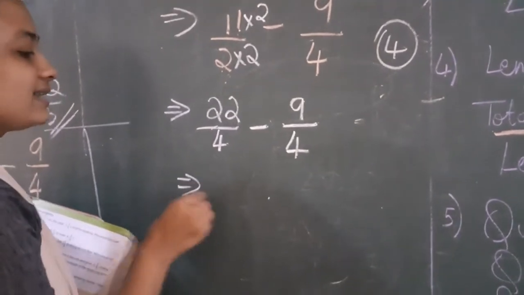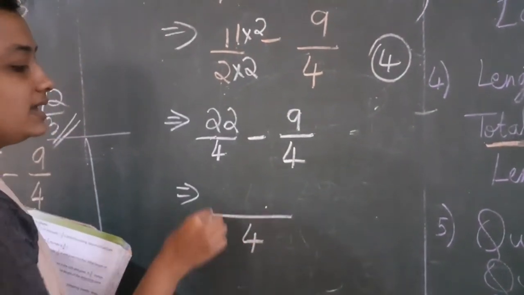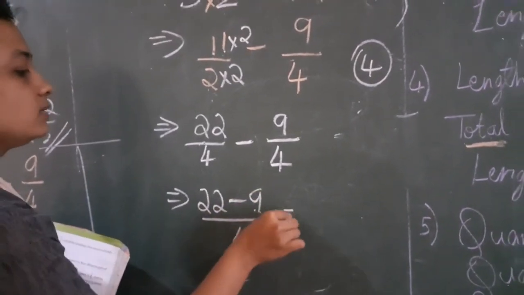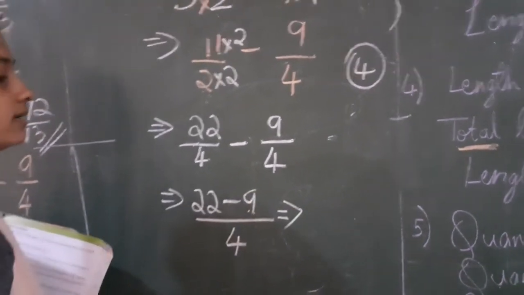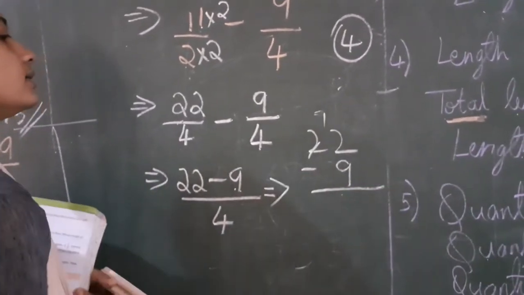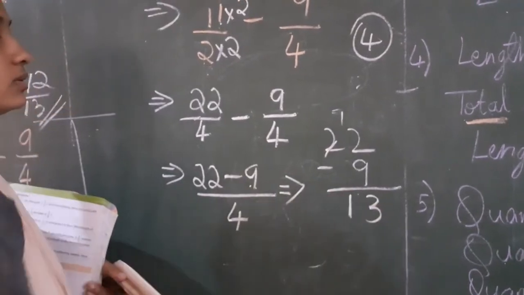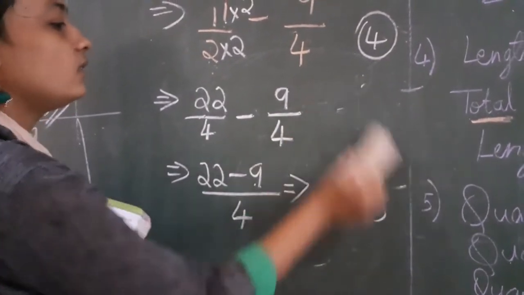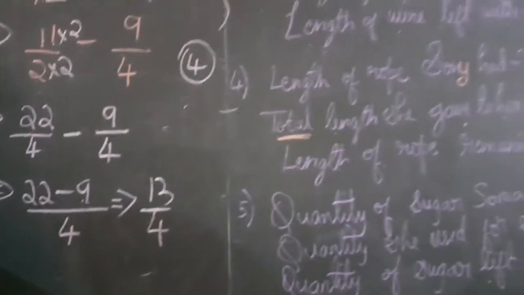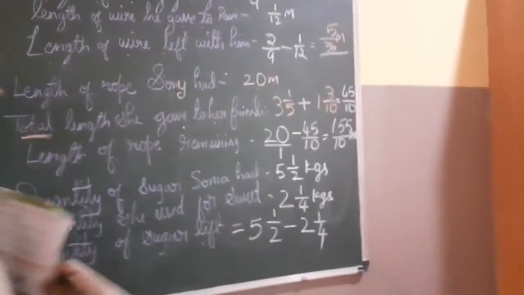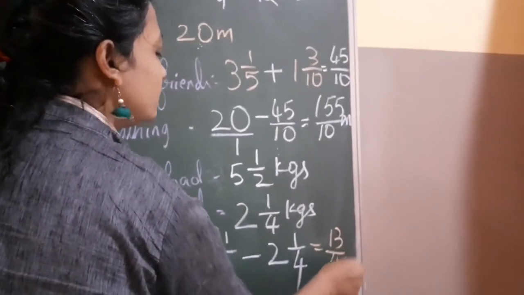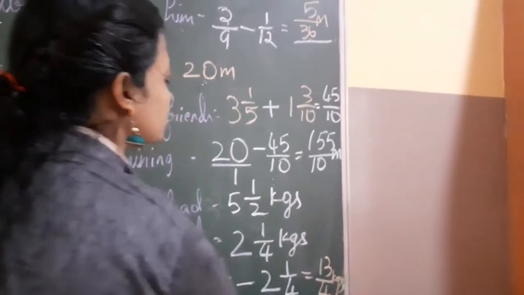Now let us subtract. 4 in the denominator, 22 minus 9 in the numerator. So what will be my answer? Subtract and see, children, you get 13. So 13 by 4 will be my answer. So how much sugar is left with her? She has 13 by 4 kgs of sugar with her.